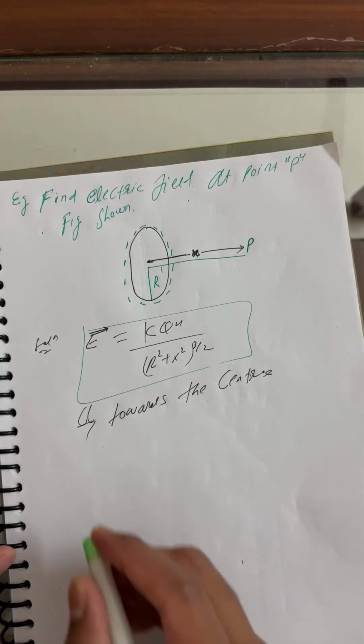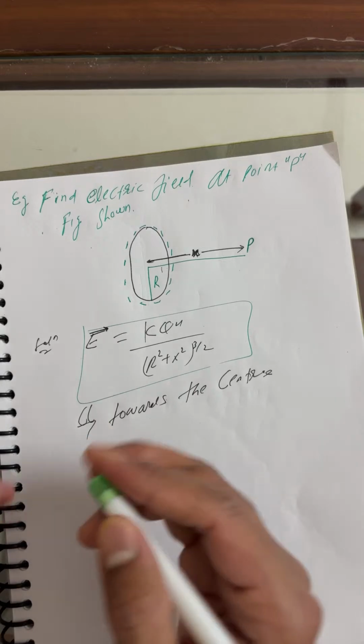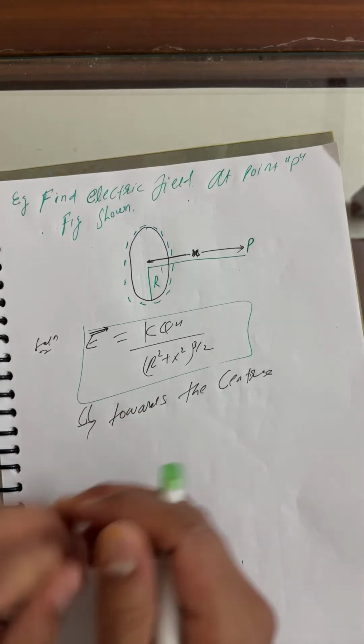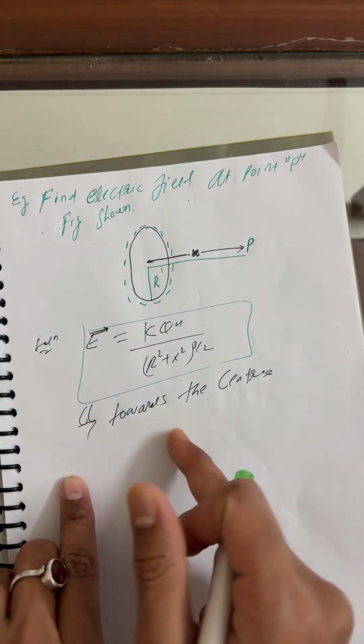Okay, fine. Electric field at point P due to plus Q charge. We have taken the minus Q charge, so that is towards the center.